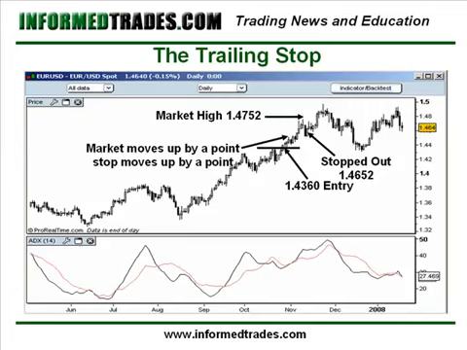Lastly, some traders will wait until the market hits their profit target. They'll have their entry, their profit target, and their hard stop in.